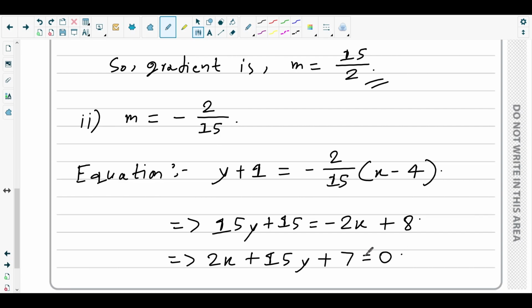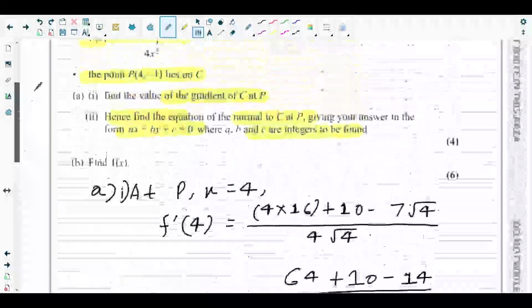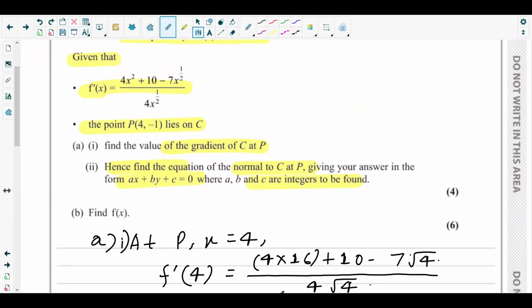So this is the equation of the normal to the curve C at point P. We got 2x plus 15y plus 7 equals 0. So here a equals 2, b equals 15, and c equals 7. That's it. That's what part A2 has asked for. Fine.